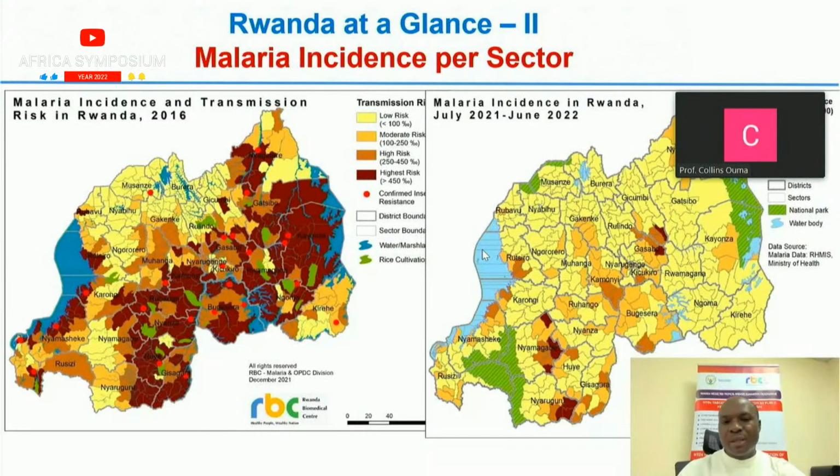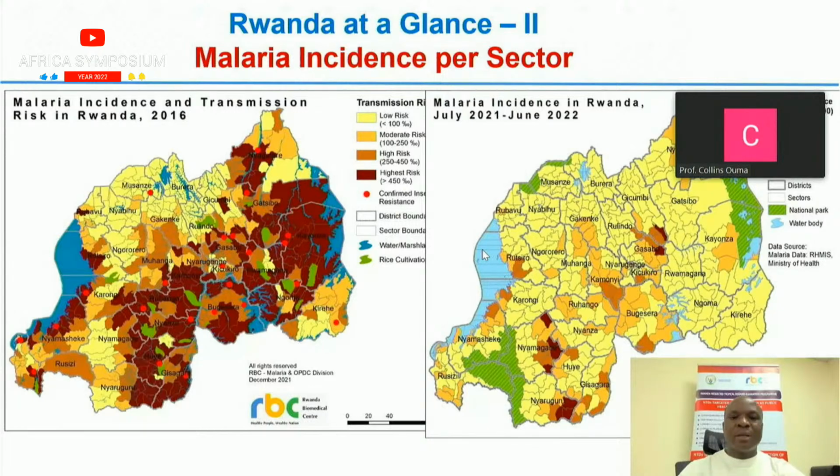We have other factors like mining activities, and those are mainly run next to Lake Kivu, but also some in the northern part of the country. These are also factors that are contributing to the creation of water bodies around our communities, and the mosquitoes are breeding there and contributing to malaria increase in some specific areas.